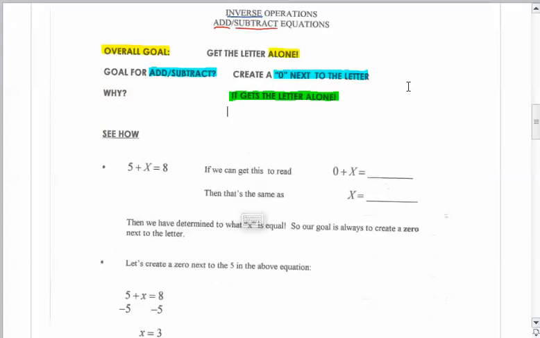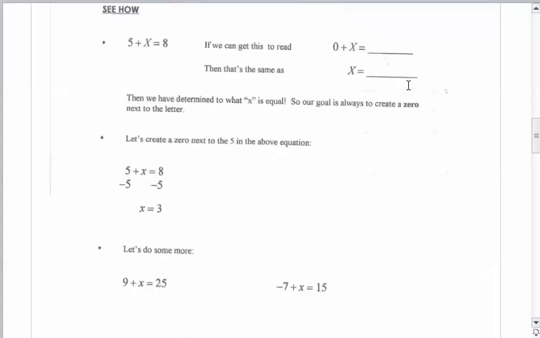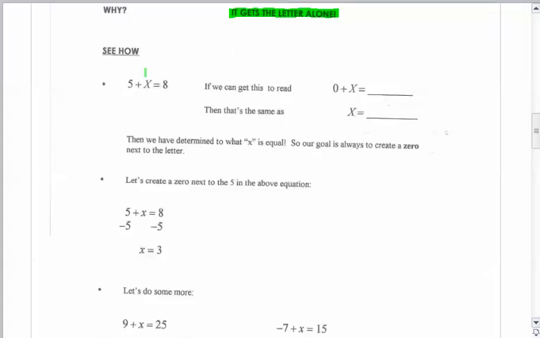All right, let's look at this example. 5 plus x is equal to 8. Now, we all know that that's going to be a 3, but that's not the point. Algebra means that we generalize so that we can solve problems that otherwise would be impossible in our head. So if we can get this to read 0 plus x equals something, then that's the same thing as x equals something.